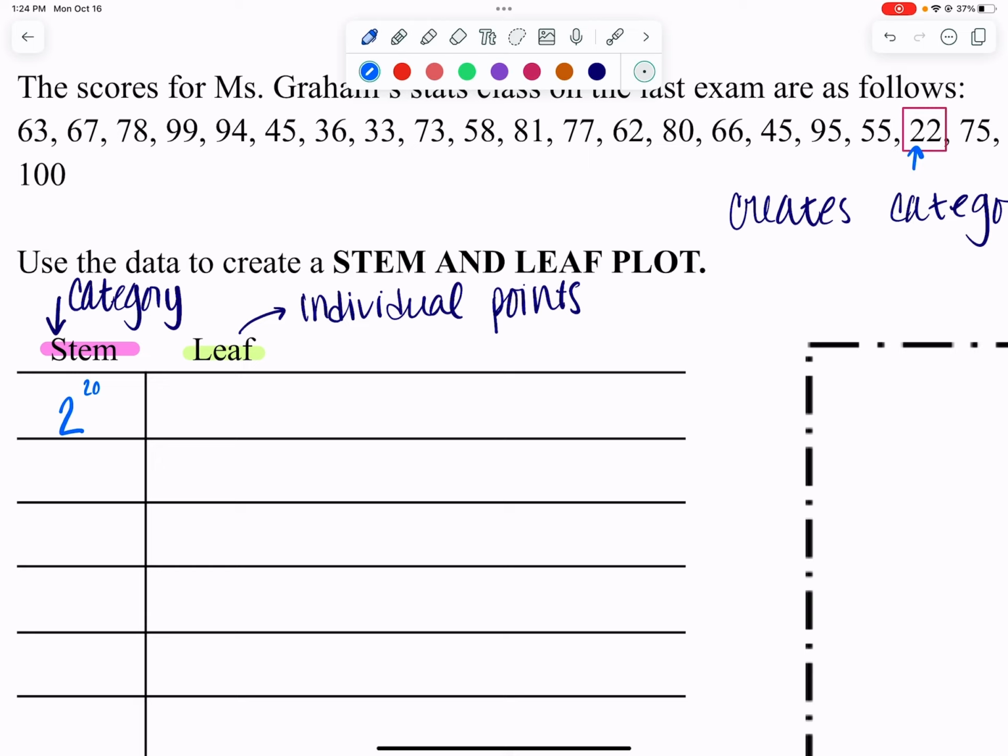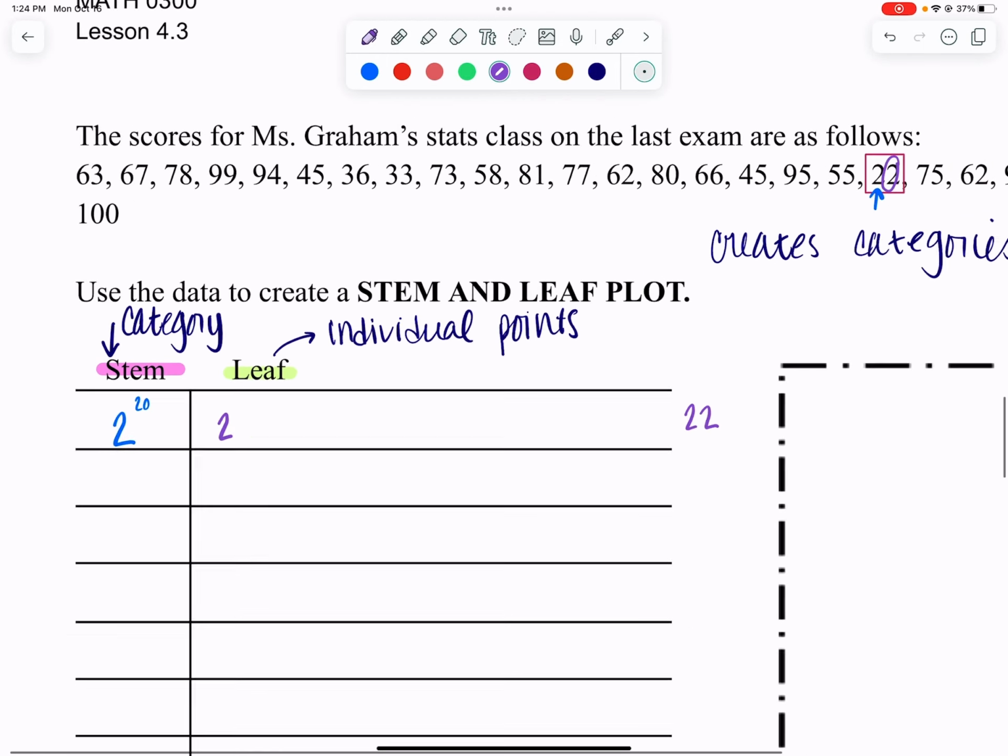Now I only have one of those. I have a 22. But instead of listing 22 and any others that might fall in there, I am going to pull off the rightmost digit, the 2. So what this tells me is that in my 20s category, I only have one number, I only have one leaf, and if I put them back together, my number happens to be 22.